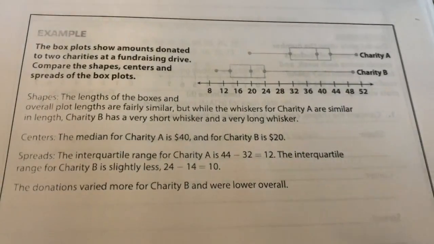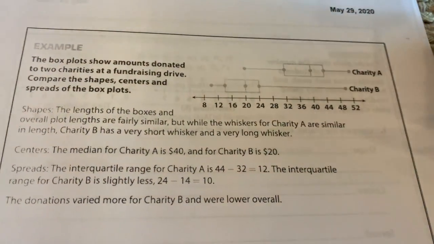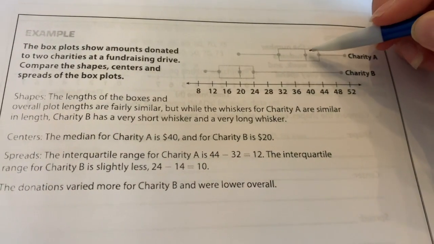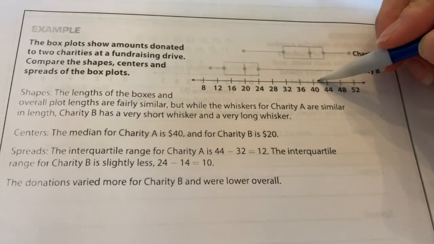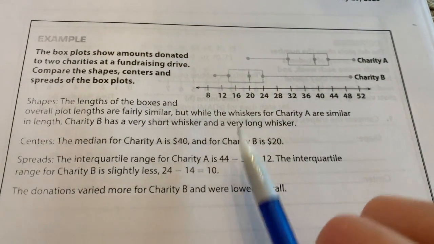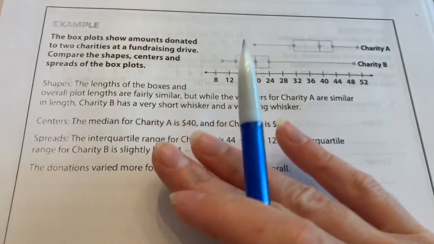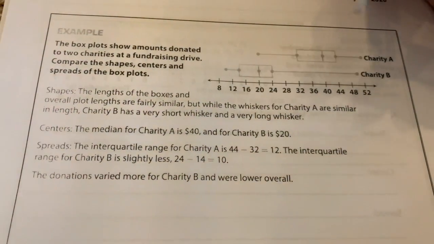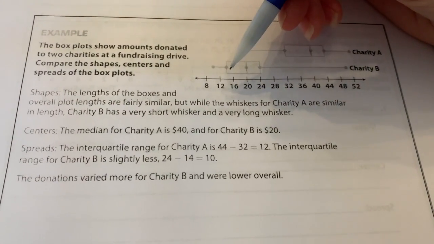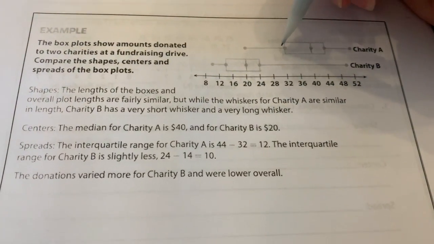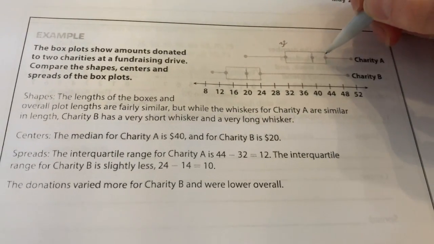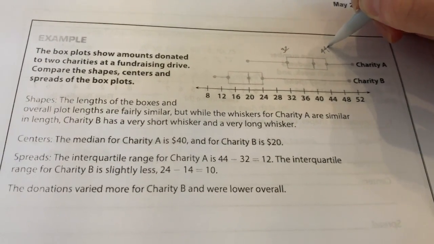As far as the centers go, as you can see, center for charity B is down here at 20, and the center for charity A is all the way up here at 40. Okay, so the median for charity A is 40, and for charity B it's 20. Then when you look at the spread, we want to take a look at the interquartile range. So for charity A, we have our lower quartile is 32, and our upper quartile is 44.